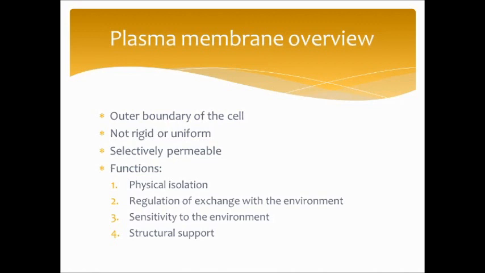It has sensitivity to the environment, as the plasma membrane is the first part of the cell that's affected by any environmental changes that are happening. It also contains receptors for cell signaling, so cells can communicate with each other via their plasma membranes. And it also has structural support. It provides stability to the tissue.